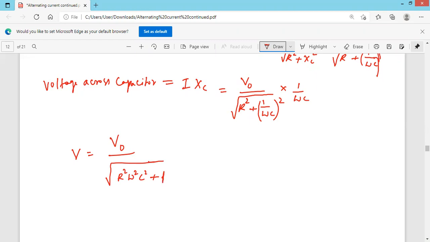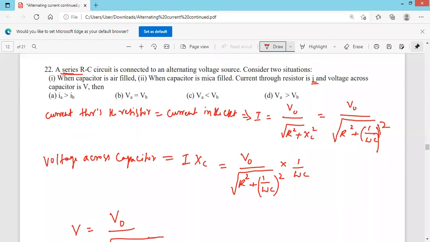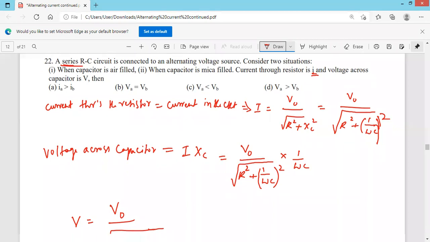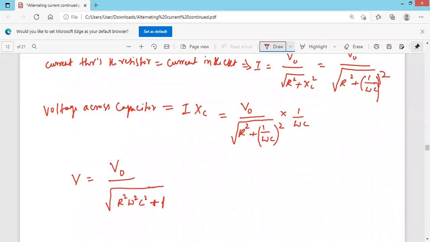So therefore V is equal to V naught by the square root of R square omega square C square plus 1. And current I is equal to V naught by the square root of R square plus (1 by omega C) square.